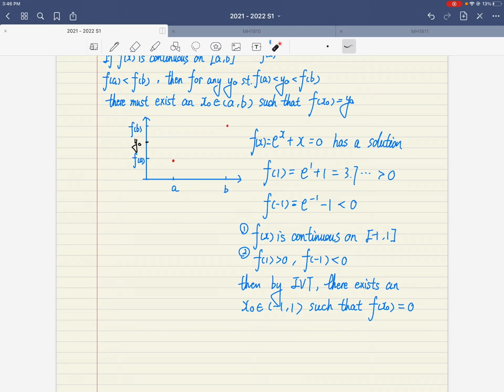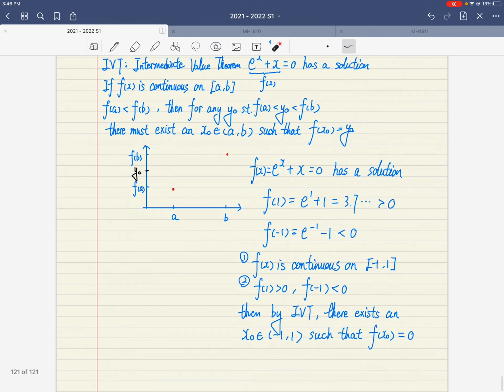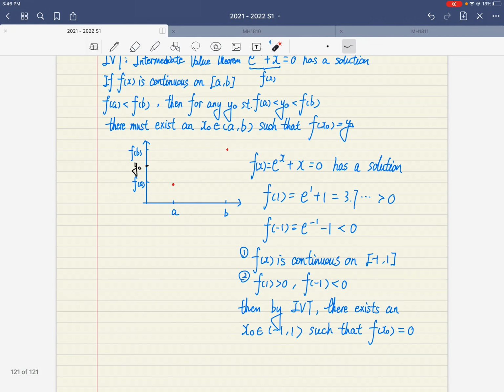So you've proven that there's an x between -1 and 1 such that f(x0) is 0. So that x0 is going to be a solution of f(x) equal to 0. Okay. So do you have any questions for this one?